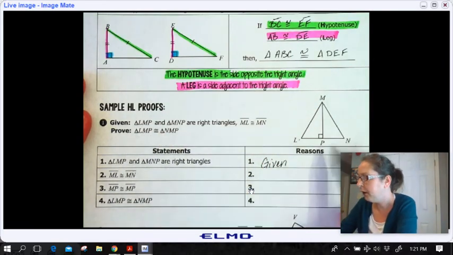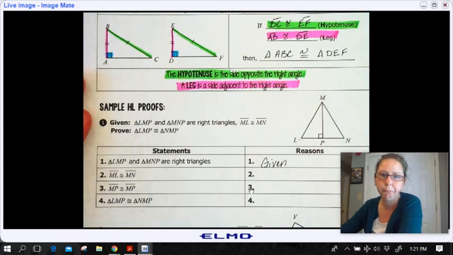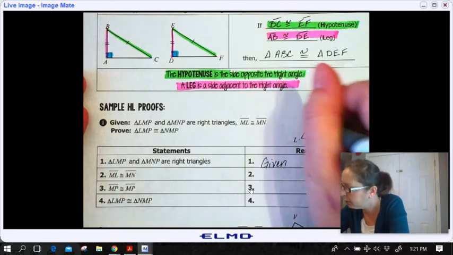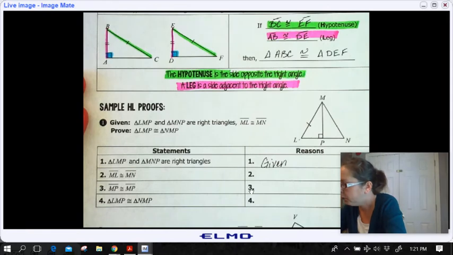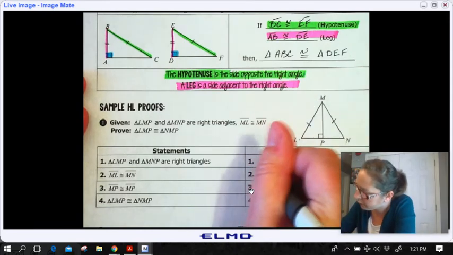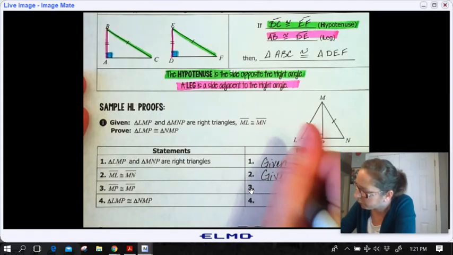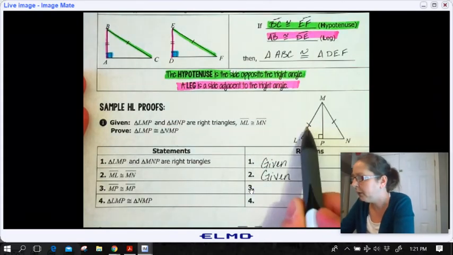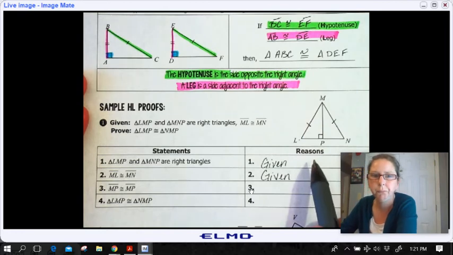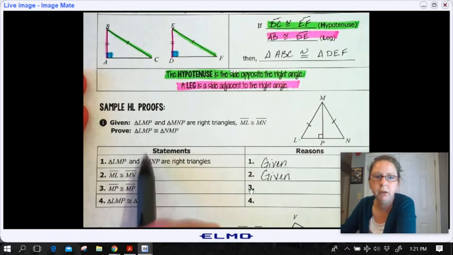Okay, and they've already labeled the right angle for me. They also tell me that ML, let's find it right here, is congruent to MN. That's also given. Okay, so that's the hypotenuse. That's the side opposite the 90-degree angle in both triangles. So now we need to prove that these triangles are congruent.